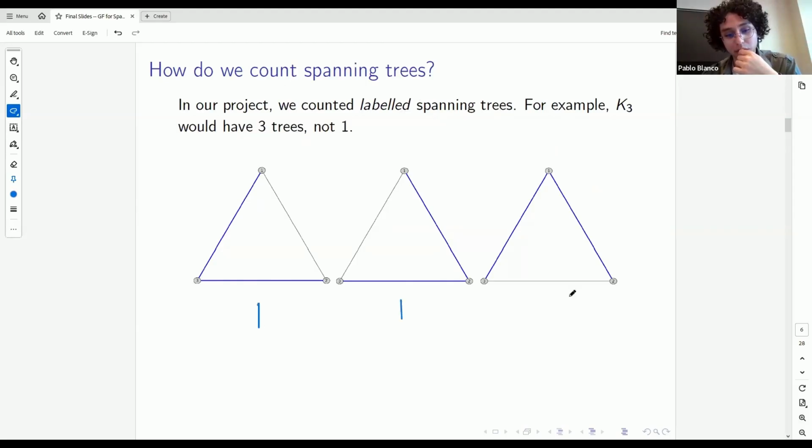This one, and that one. They look the same, but I count them differently because, for example, 3 is in the middle of this blue path, 2 is in the middle of this one, 1 is in the middle of that one. This is the convention we're going to use, but how do we actually count them?